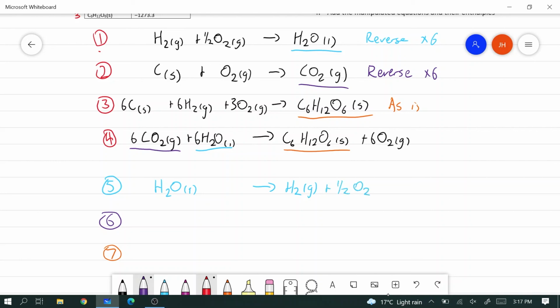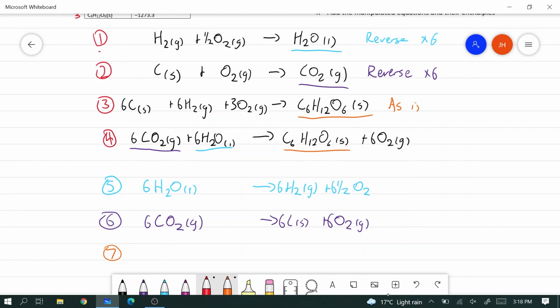We're going to have the same thing done for the carbon dioxide as well. And note that we have to multiply all of equation 1 by 6, and we also have to multiply all of equation 2 by 6 as well.